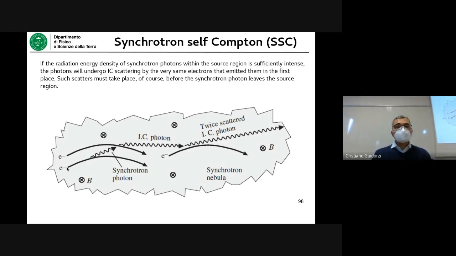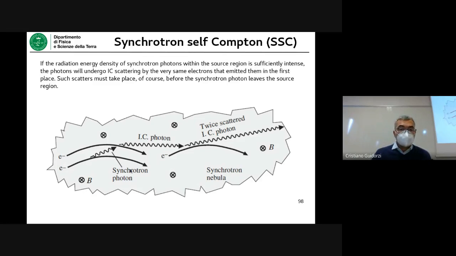But when the region is filled up with photons and the optical depth is sufficiently large, each of the photons that are created through synchrotron emission has some probability to be upscattered by the same electrons. The same, I mean, not the very same single photon by the very same electron.